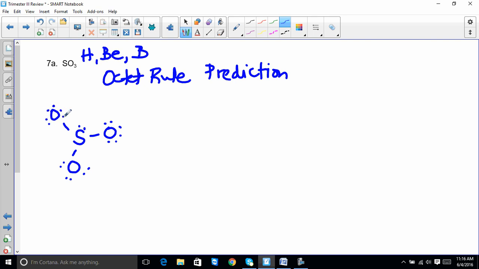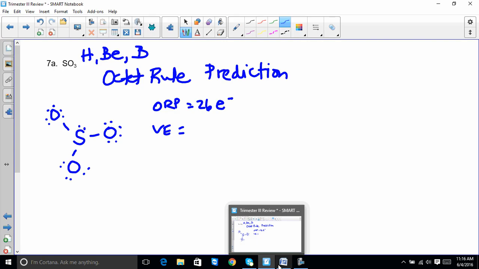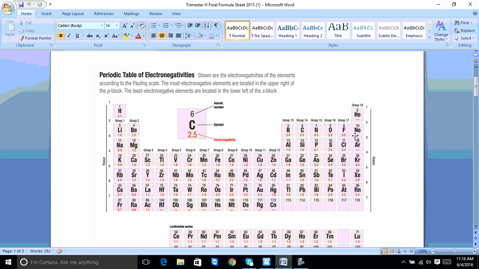In my picture, 8, 8, 8, 8, so 2, 4, 6, 8, 10, 12, 14, 16, 18, 20, 22, 24, 26. ORP is 26 electrons. VE, however, is 24.